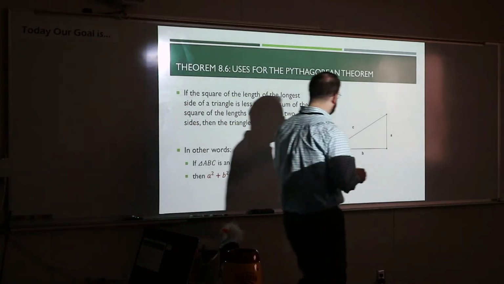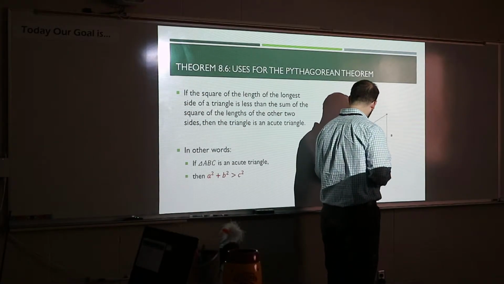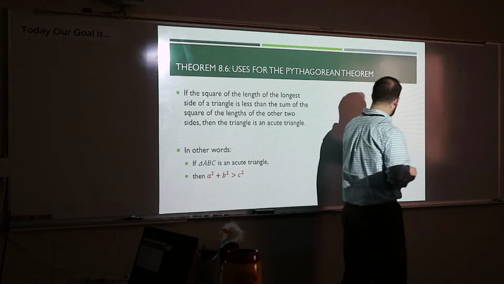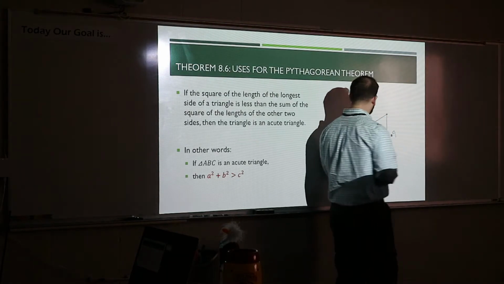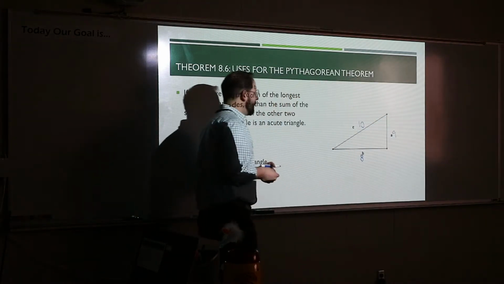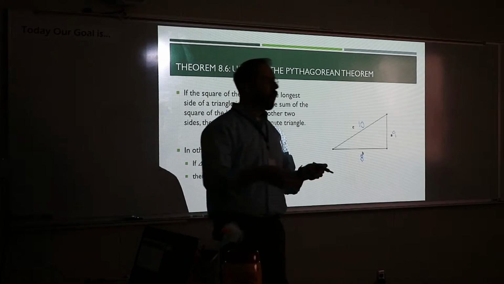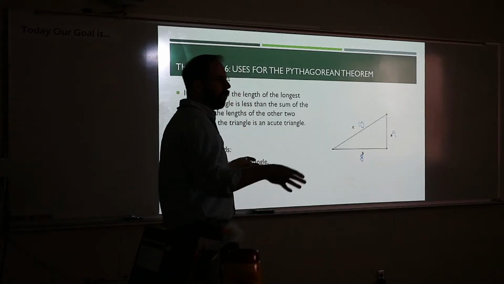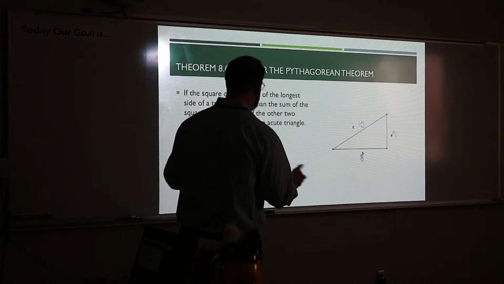So for instance, let's say I was doing 8 here. This is 8, this is 9, and this is 10. I'm going to use those numbers. So 8, 9, and 10. You square each wall, and the two smaller walls are the legs, right?